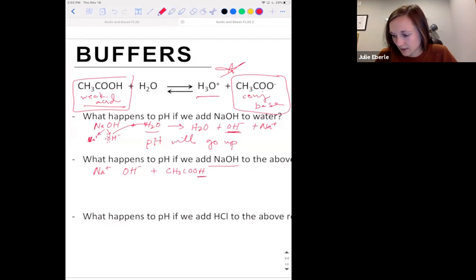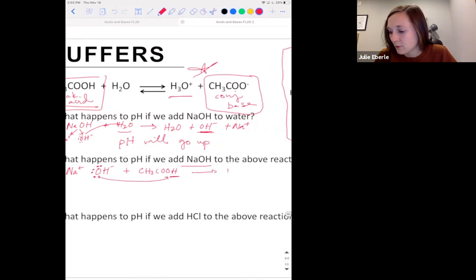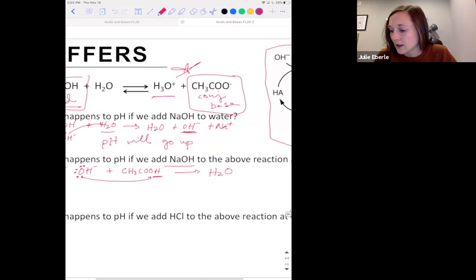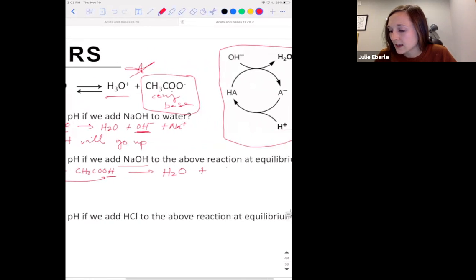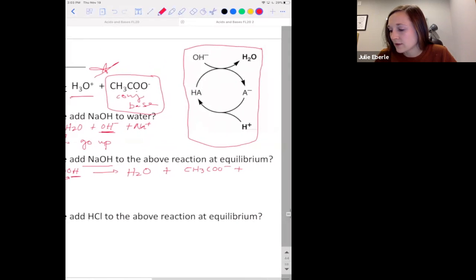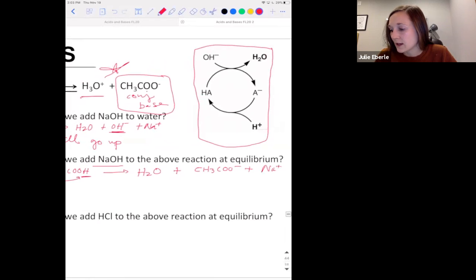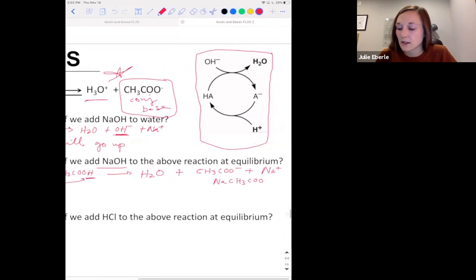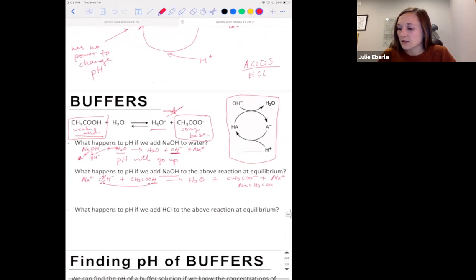Acetic acid, here's our acidic hydrogen. And one of the lone pairs on oxygen will grab that hydrogen. It will neutralize OH minus, will make water, and then we will have the acetate anion, and we'll still have the sodium cation floating around. And I will not count you incorrect if you tell me NaCH3COO, sodium acetate. Either one is acceptable.